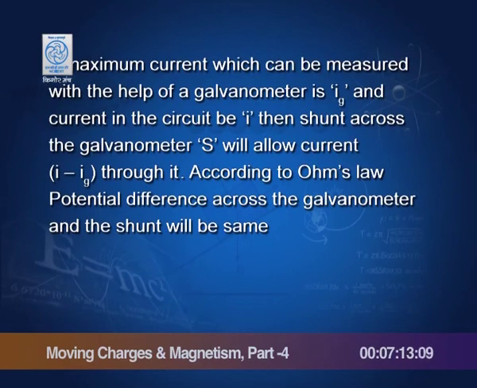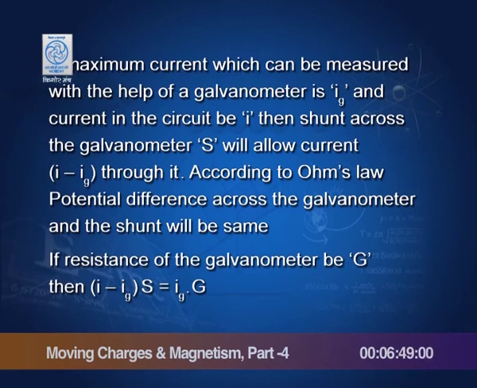If the maximum current which can be measured with the help of a galvanometer is Ig and the current in the circuit is I, then the shunt S across the galvanometer will allow the extra current I minus Ig through it. According to Ohm's law, the potential difference across the terminals of the galvanometer and the shunt will be the same.